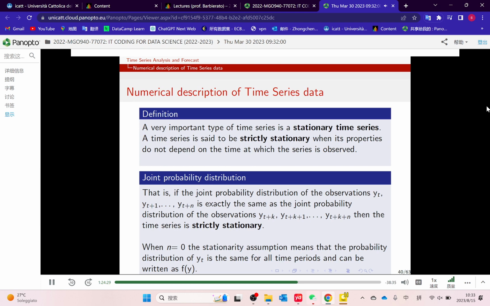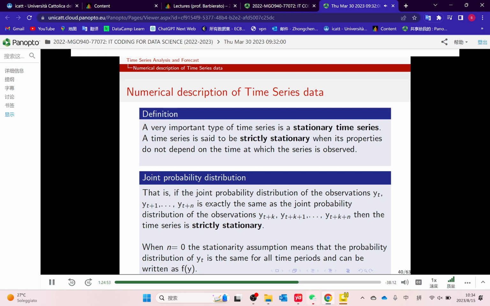Stationary means exactly what the word says. It means that the most important statistical measures do not change in time. Meaning that if you take some time windows of your time series, the mean and the variance do not change. In this sense, the time series is stationary.